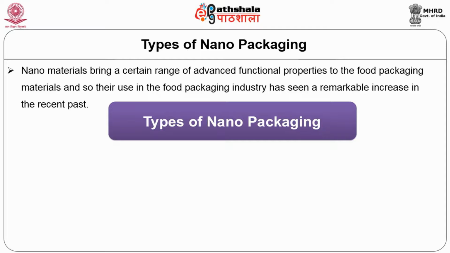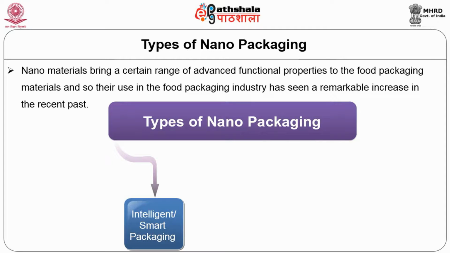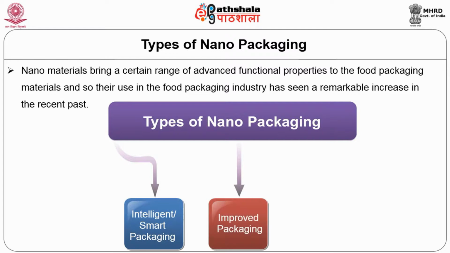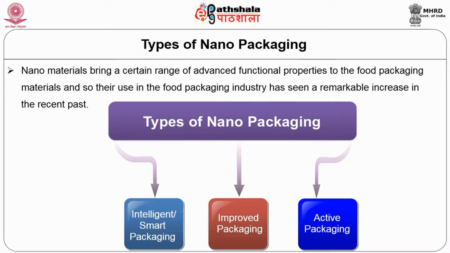The types of nano packaging are: first one is intelligent or smart packaging, second one is improved packaging, third one is active packaging. These types of packaging materials have specific roles in various food technological applications.